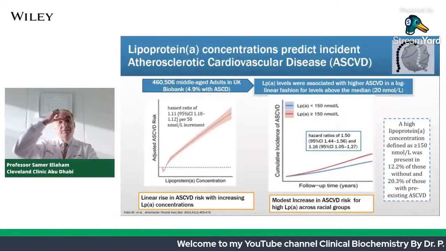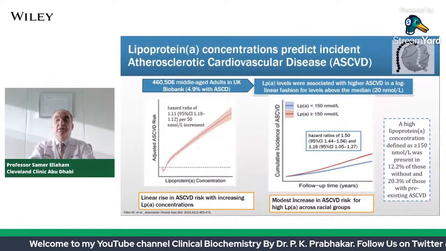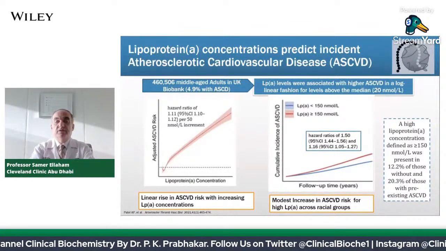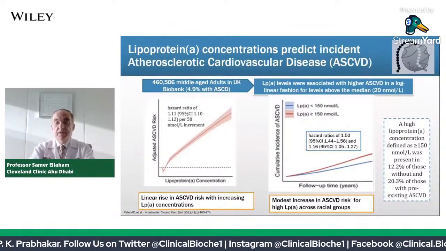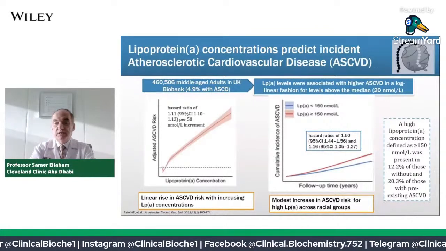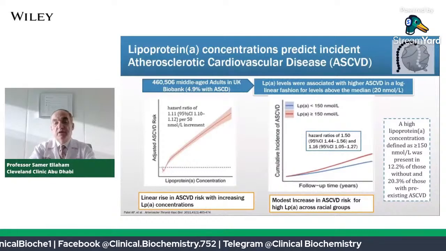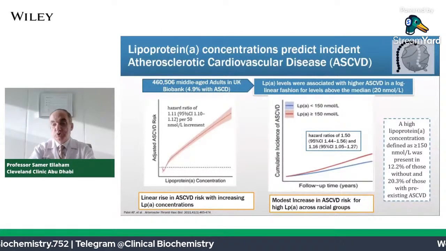This is looking at whether Lp(a) really correlates in a statistical fashion, using different methods and different cutoff points, with atherosclerotic cardiovascular disease. And as you can see, it's a linear rise, so it's obviously a very clear and strong one. Now, there's a modest increase in atherosclerotic vascular disease for Lp(a) across racial groups too.